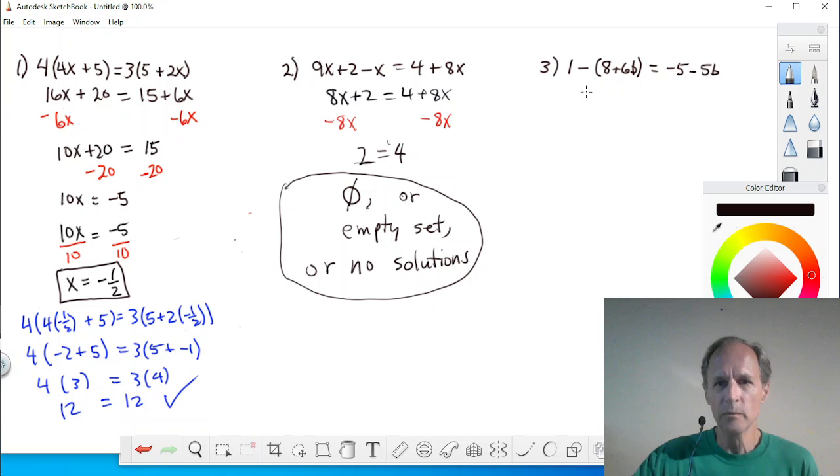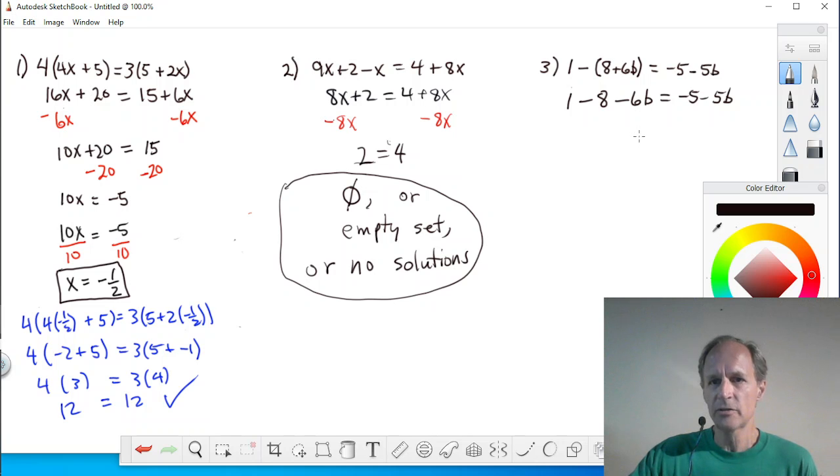And so you can think of it that way. The subtraction sign applies to the whole thing, and so you could call that distributing the subtraction sign. So that's 1 minus 8 and then minus 6b equals negative 5 minus 5b.